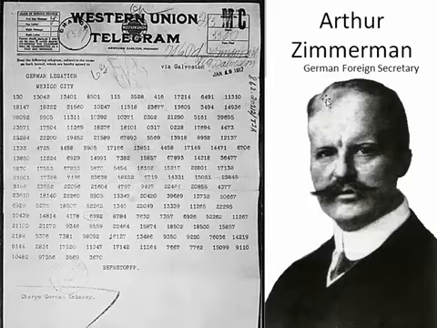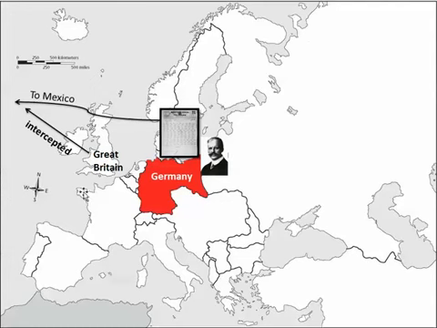And so the Zimmermann note or telegram was another reason. Arthur Zimmermann, the German foreign secretary, sent this telegram over wire to Mexico, and Great Britain intercepted it.